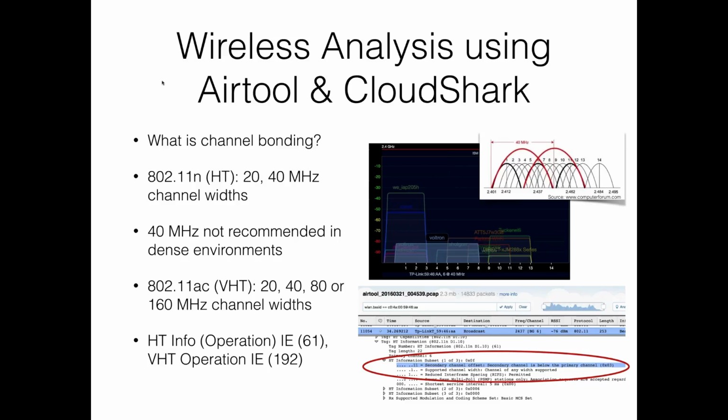Now that we are talking about channel width, there is this other thing in wireless networks called channel bonding, which basically means that you can get two adjacent channels and use them together to transmit data on both channels at the same time. This is to increase the bandwidth, the throughput of the network.